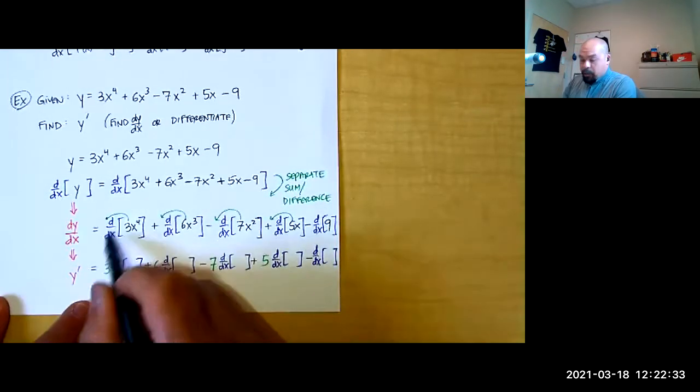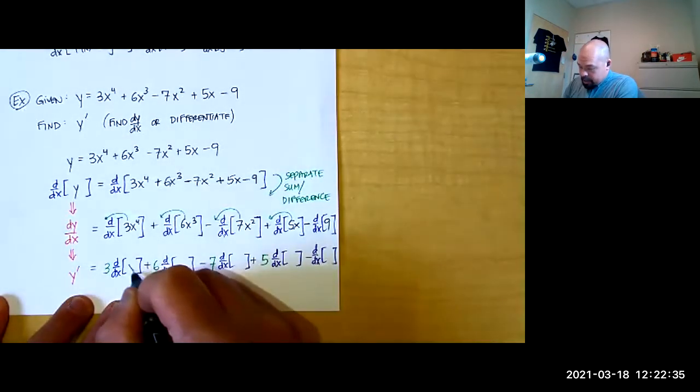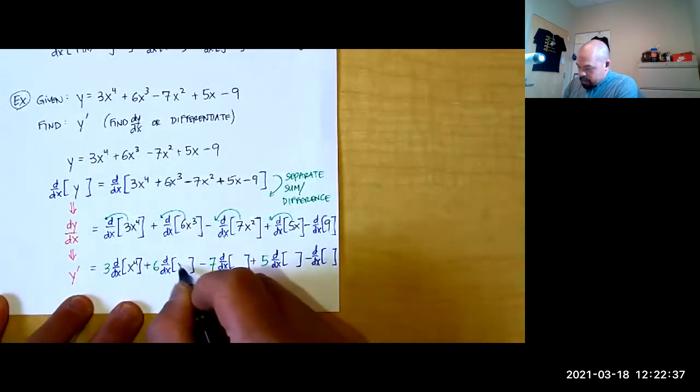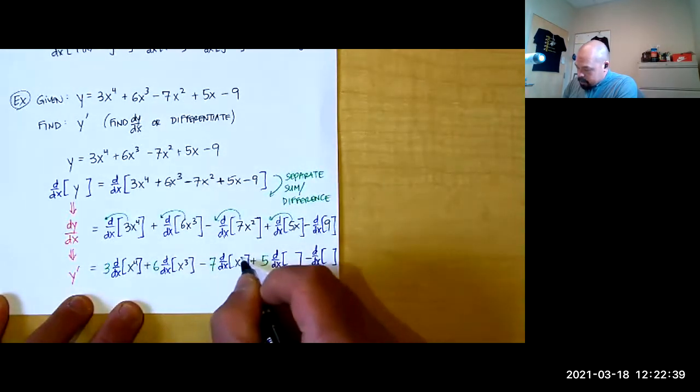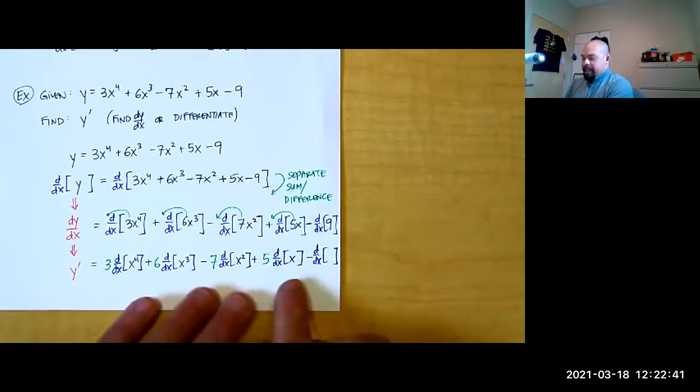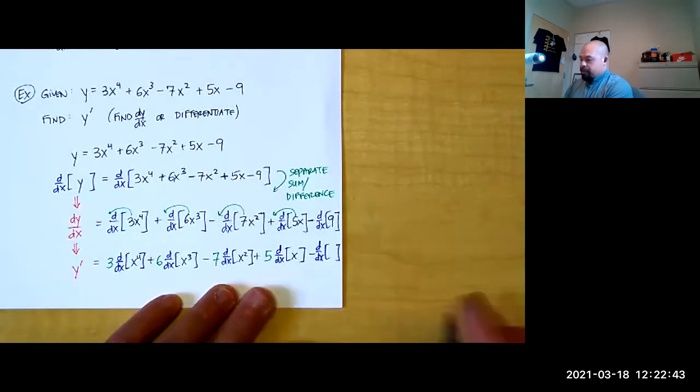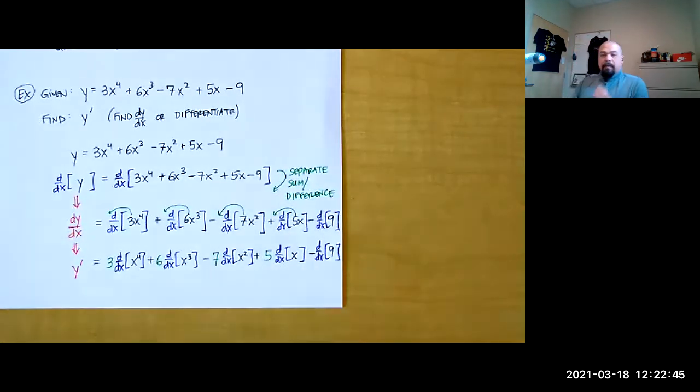What's left over is x to the 4th, x cubed, x squared, x to the 1st, and I'll keep that constant 9 inside.